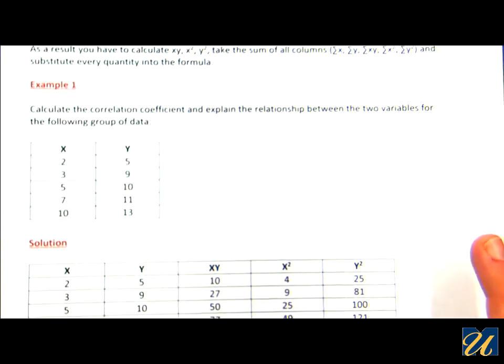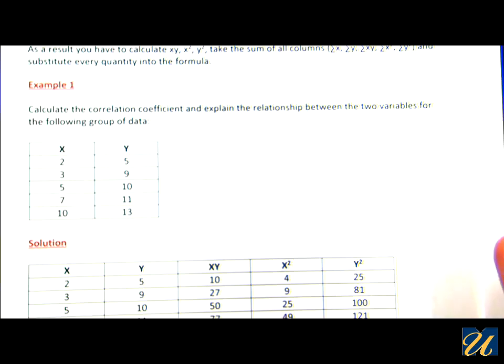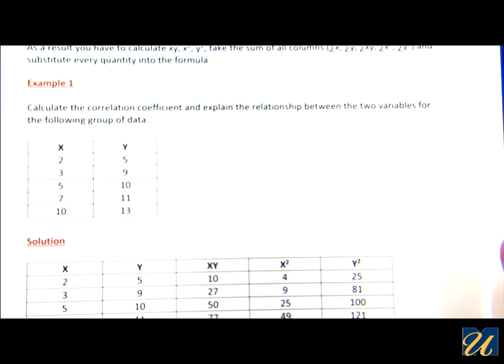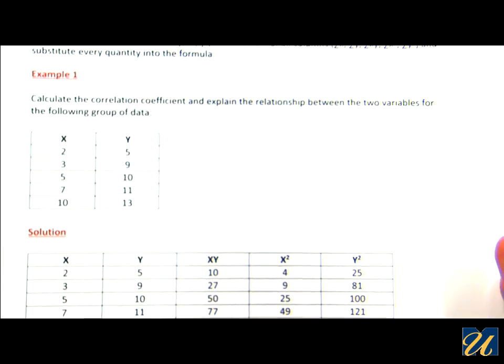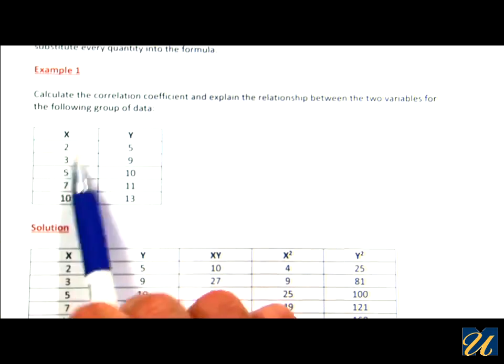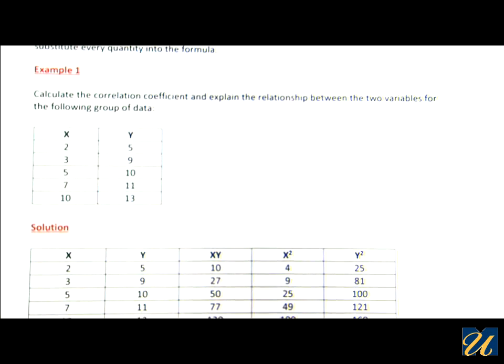So let's look at this example. Calculate the correlation coefficient and explain the relationship between the two variables for the following group of data. So we have the x and we have the y values.